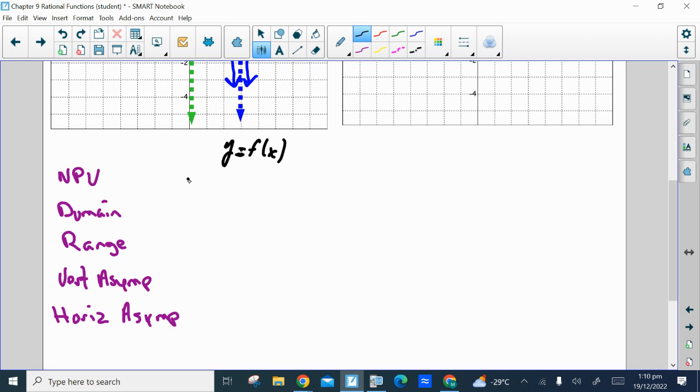So non-permissive values for the original ones are both x and y cannot equal 0. And that's where our domain and range come from.